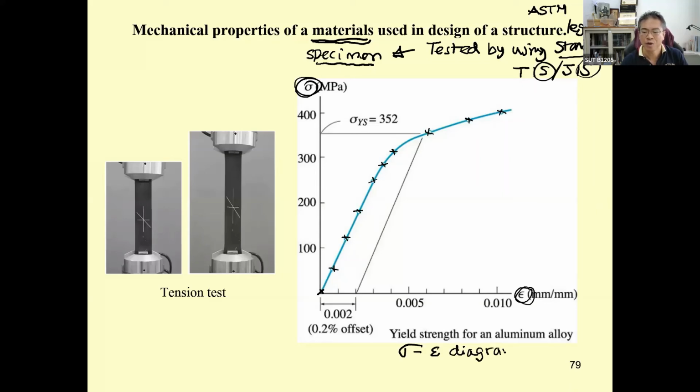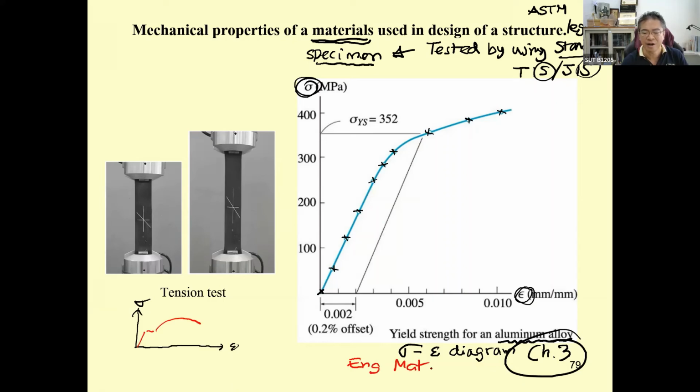We will study this one in chapter 3. This is the stress-strain diagram for the aluminum alloy. We have a shape like this. But if you do the stress-strain diagram for the steel, it's going to be like this. You studied this already in the engineering materials courses.